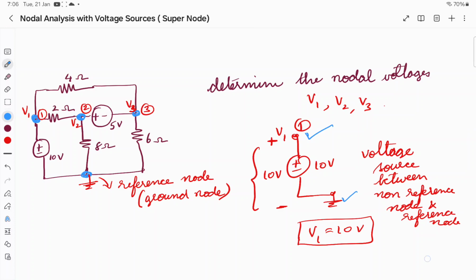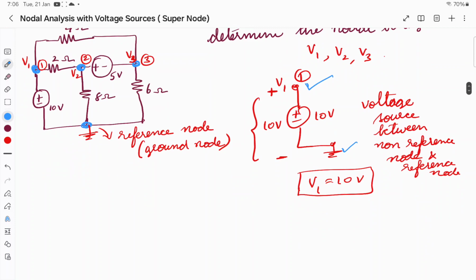Then what about the other voltage source, which is between two nodes, the 5 volt? The 5 volt exists between node 2 and node 3. The voltage at this point is V2, the voltage at this point is V3.